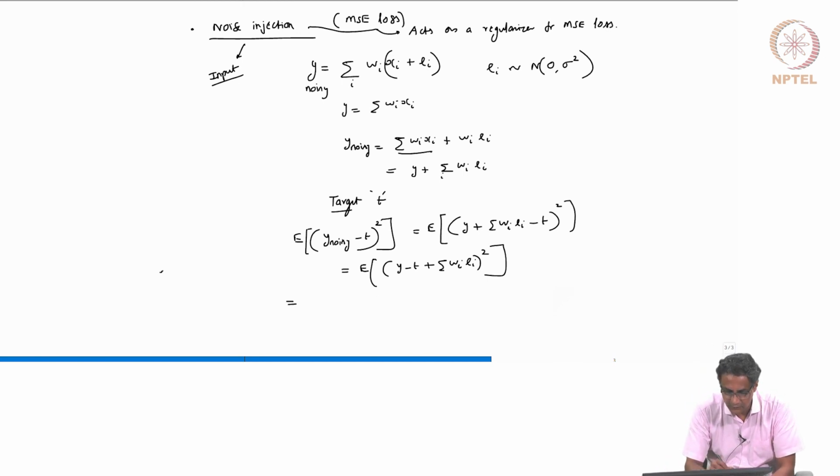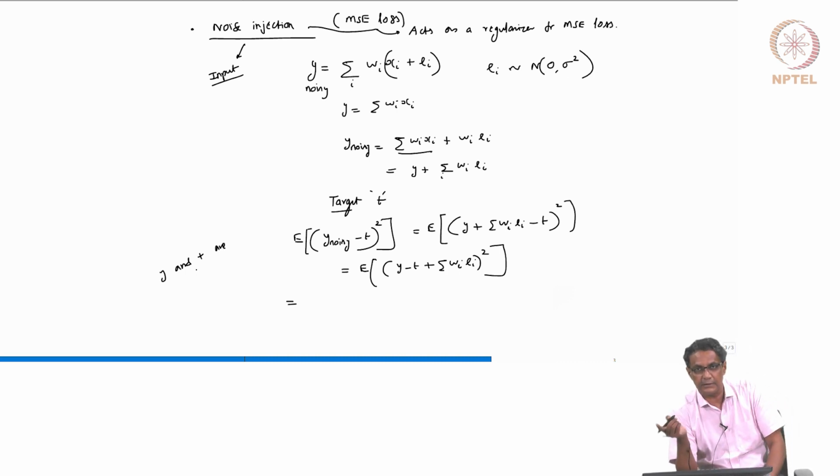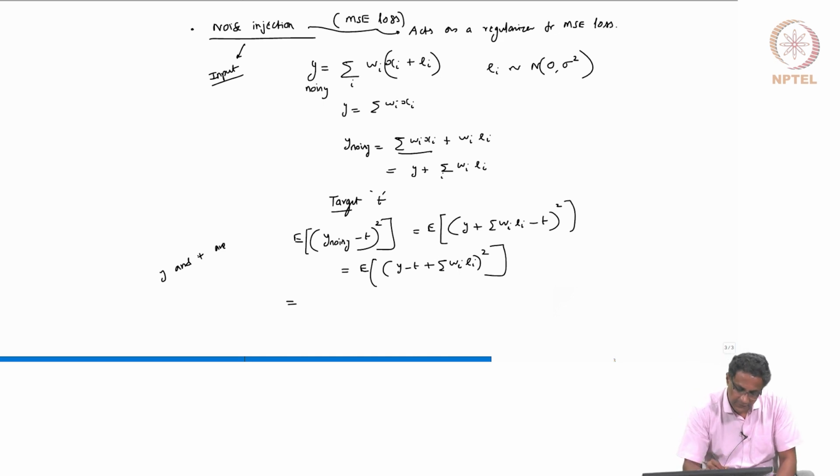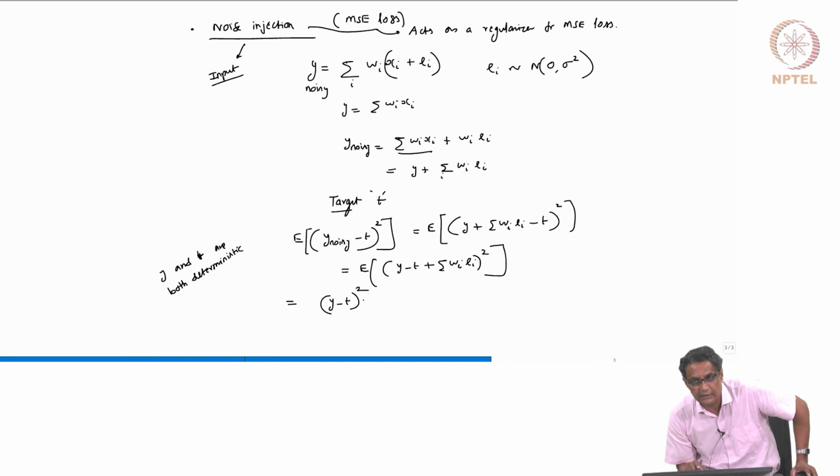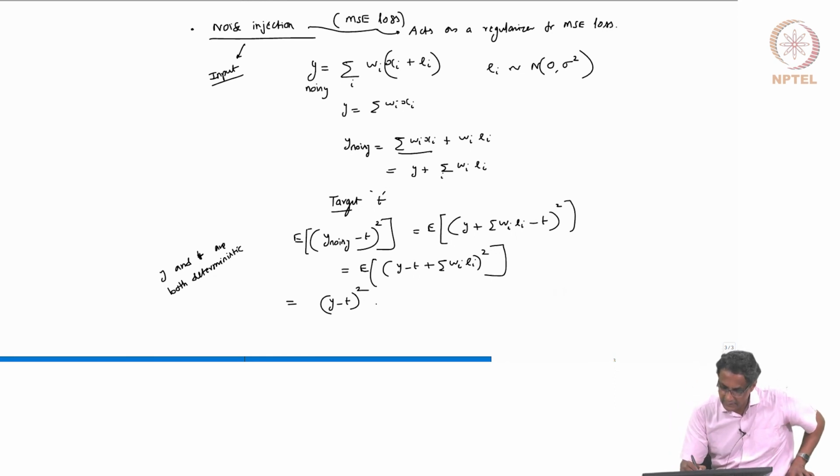Let us just assume that y and t are both deterministic. If not, you will have to use an expectation there also, but nothing great will change. To make matters simple, if y and t are deterministic, then this becomes simply y minus t the whole square.